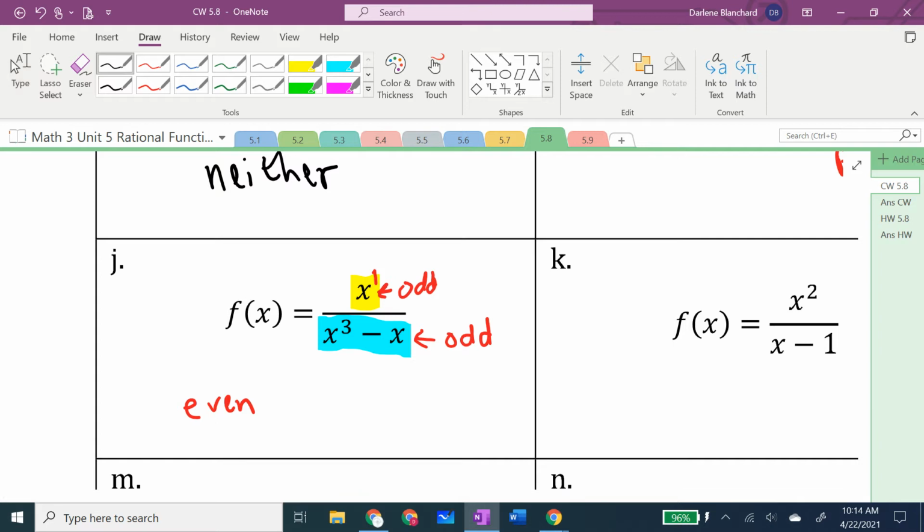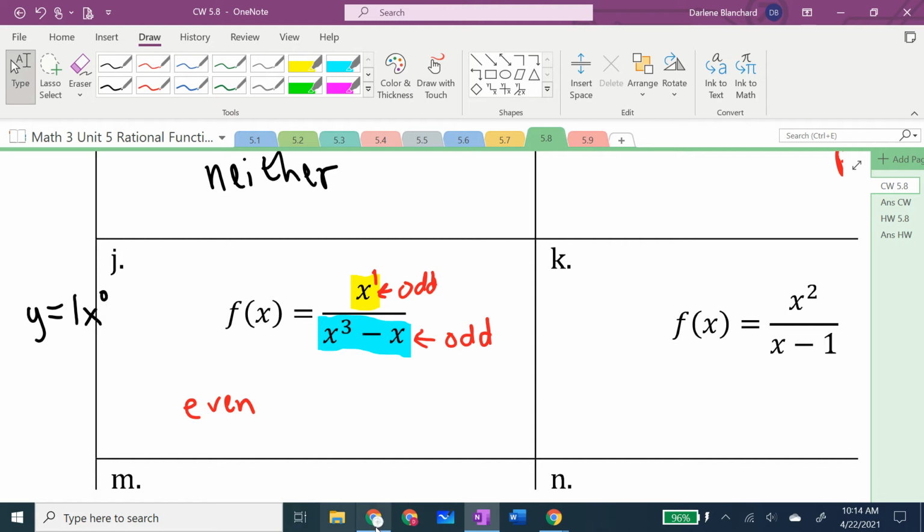The rest of you don't have to worry about this so much. If I have just y equals 1, technically that's 1 times x to the 0 power, and 0 is considered an even number.